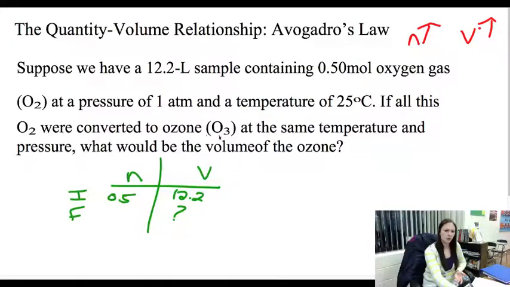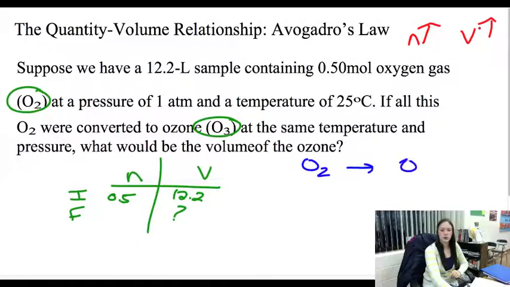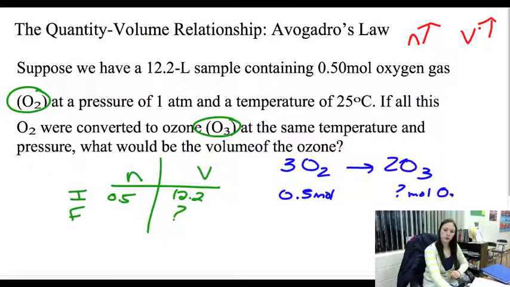Now you've got a problem here. If all of that was converted to ozone, now I'm no longer in O2, I'm in O3. So you gotta have a little bit of an equation with it. Okay, so I'm going from O2 to O3. Gotta balance it, which means a little bit of stoichiometry here. If you have half a mole of O2, how many moles of O3 are you gonna have?